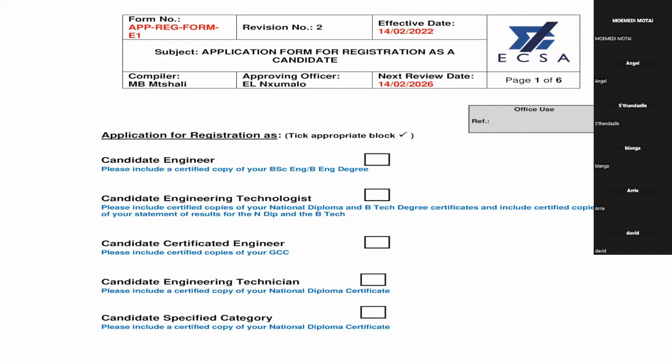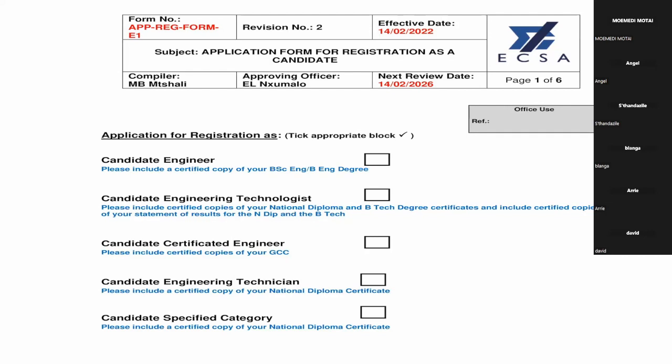Just remember one thing: if you're a candidate, you can't write candidate PrEng behind your name. You have to write candidate engineer in full, or candidate engineering technologist, or candidate engineering technician. You cannot write candidate PrTechEng or PrTechni Eng. That's illegal.